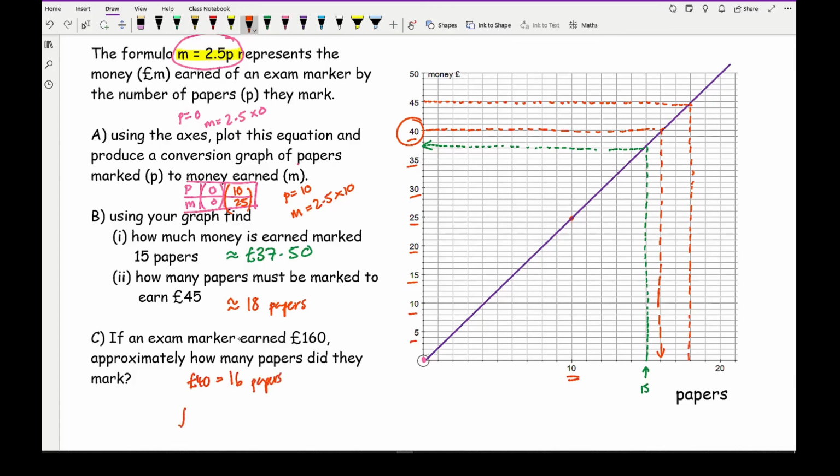Now I want to work out what £160, how many papers you need to mark for there. So I need to think to myself, okay, what do I need to multiply 40 by to get 160? Well, I need to times that by 4. So if I then multiply 16 by 4, I get an answer of 64 papers. And there is my final answer.